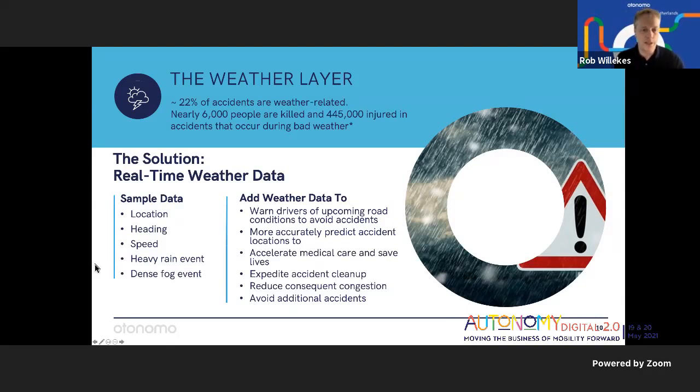So it's important that you get a good insight on what the weather is doing, and getting that again from those millions of cars that are driving down the road is very important. And also getting events in, like heavy rain or dense fog, gives information back to the driver, which makes it much safer for him to drive on the road, to reduce congestion, and to avoid accidents.